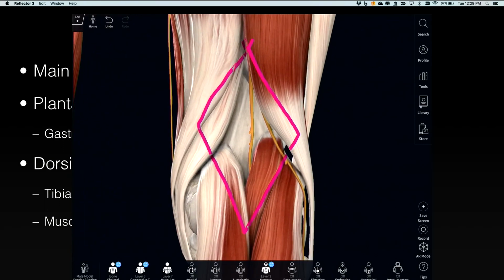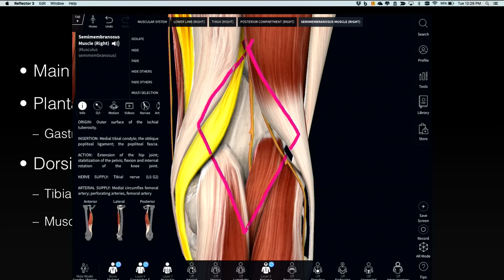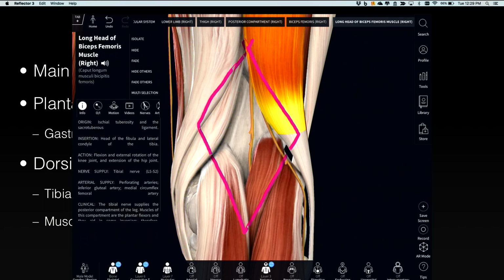And what makes this area special? Well, first of all, what is this area? Diamond-shaped, bordered superiorly by semimembranosus on the inside, the long head of biceps femoris on the lateral side, the top 2 parts of the diamond.